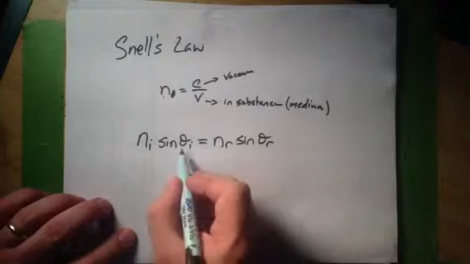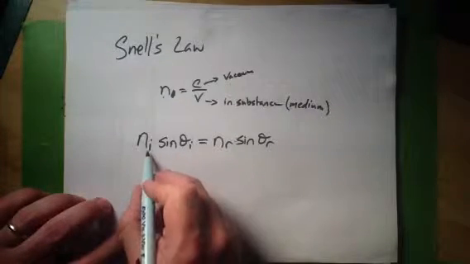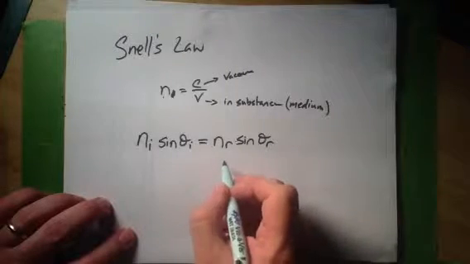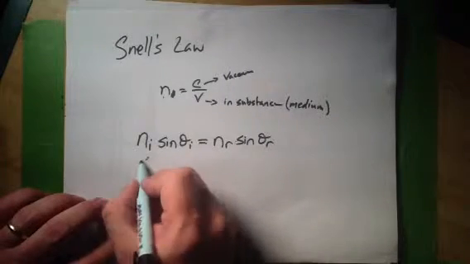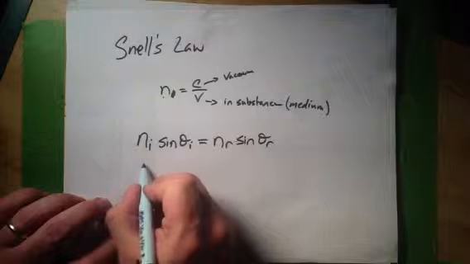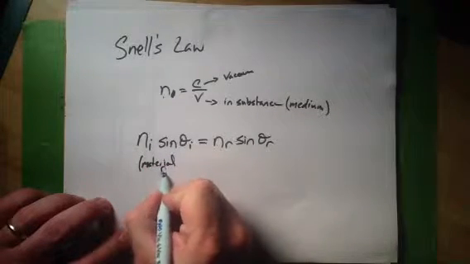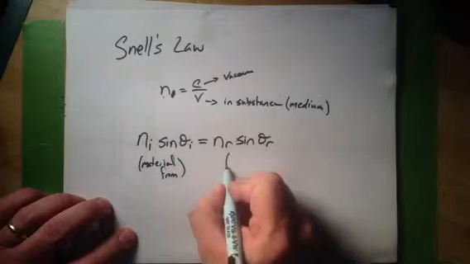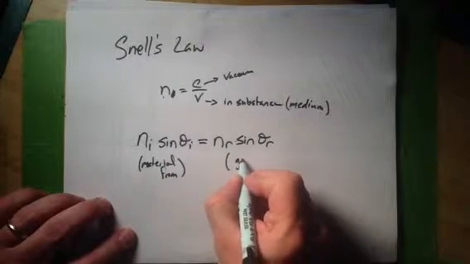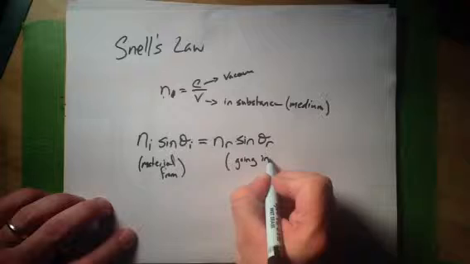So refracted angle, incidental material, refracted material. This would be basically the first material it's coming from. This is the material it's going into. Okay?